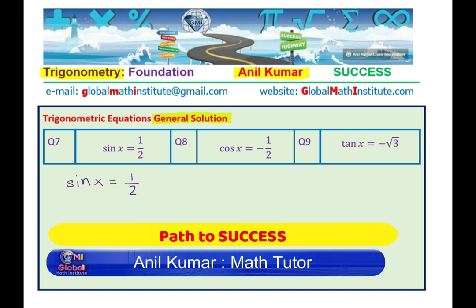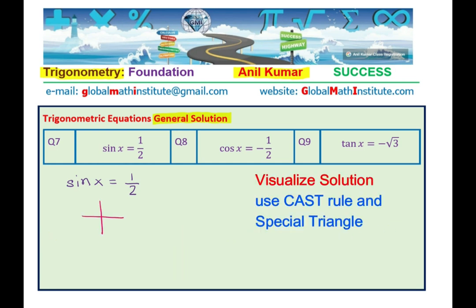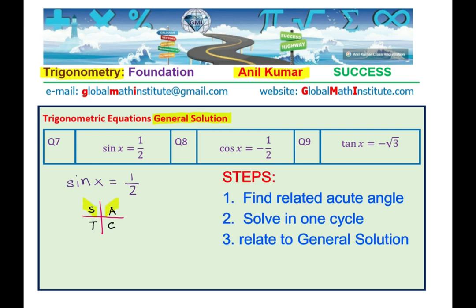As you can see, we are looking for a positive value. That basically means that in a coordinate plane, for sine, if we write the CAST rule, the solution should be in quadrant 1 and in quadrant 2. So that is where we are looking for a solution.